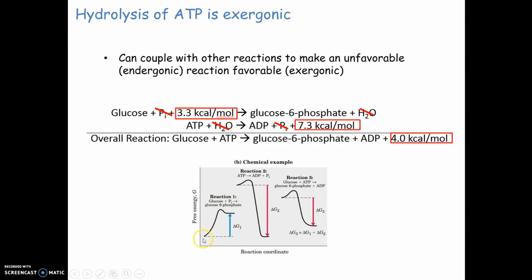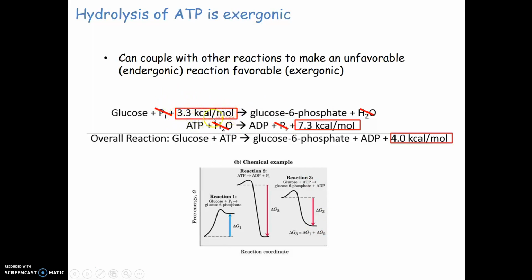So adding a phosphate group to glucose requires a lot of energy. So this is the typical reaction we show for coupling. It's also the first step in glycolysis. And when we add these 2 delta G's together, we get an overall negative delta G. And so we can see how we did that in this step here.